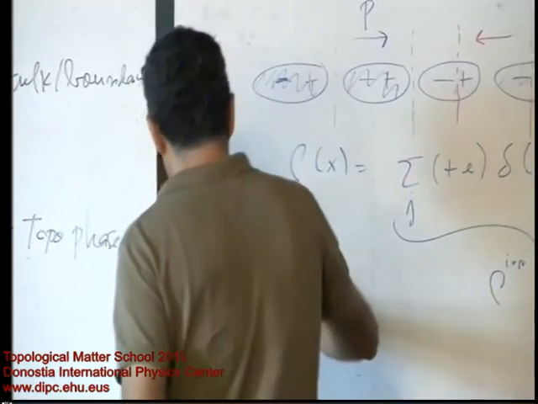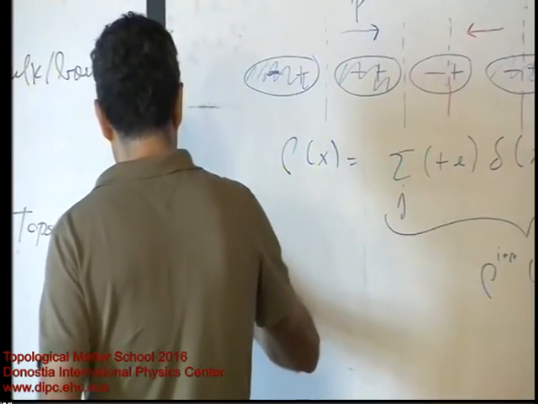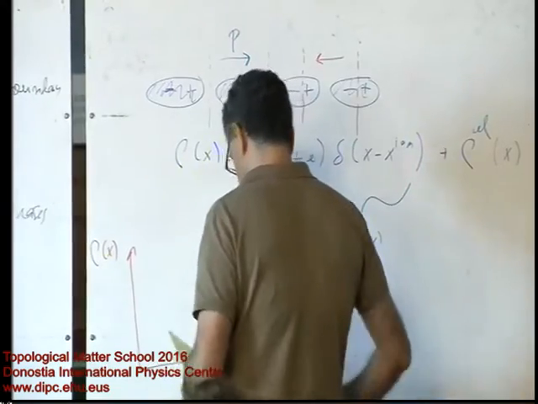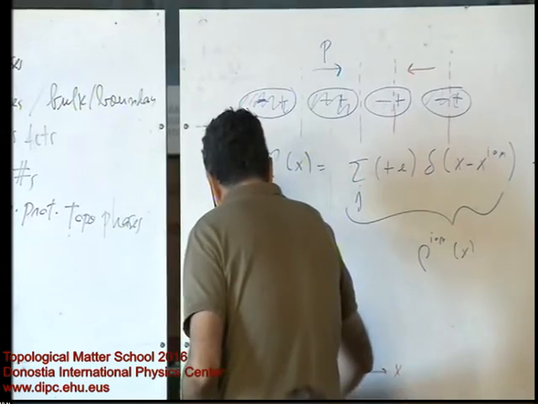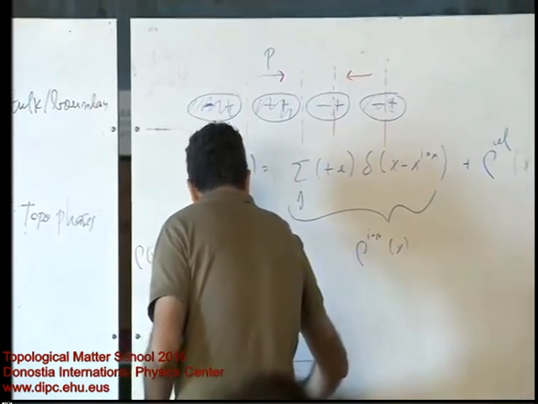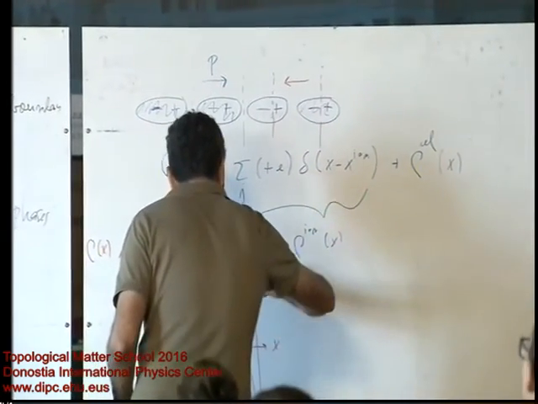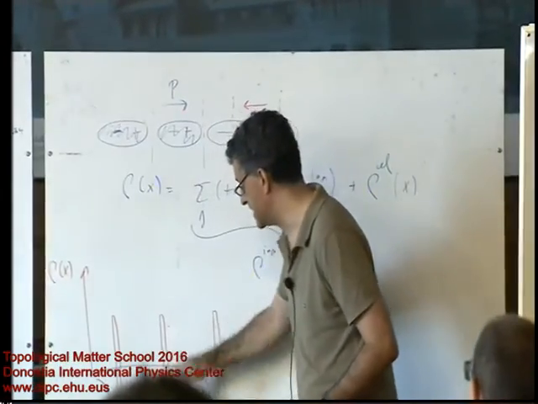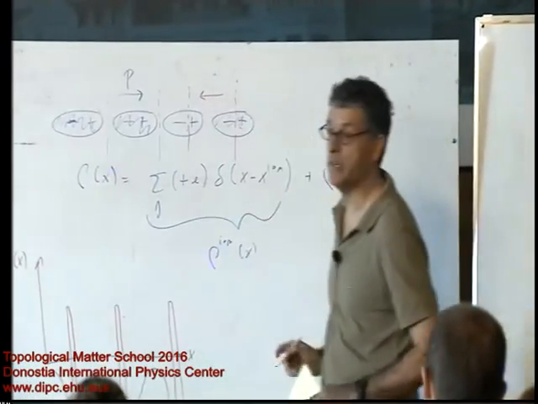So if you look at the charge density of a solid, it's going to look more like something like this, where the peaks are the locations of the positive charges, but then you have the electrons basically smeared out everywhere.